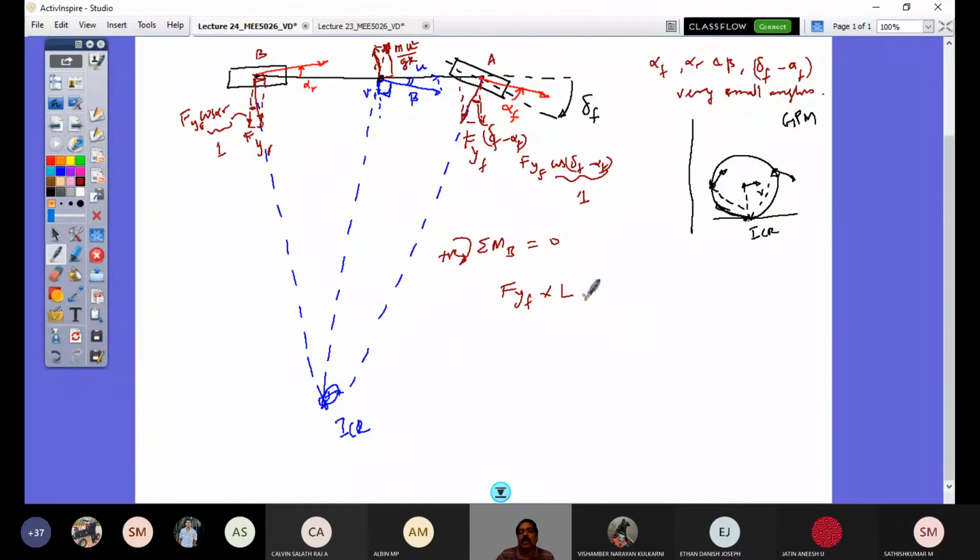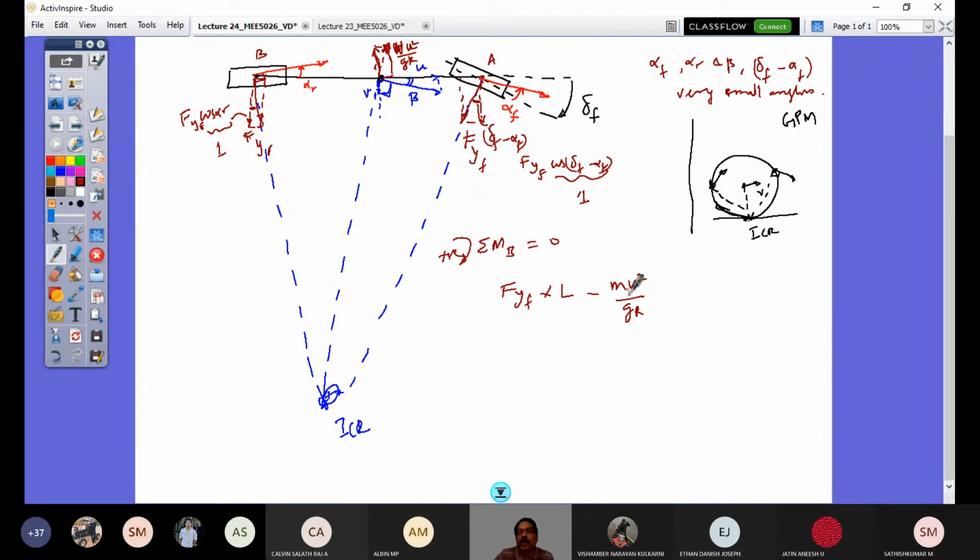It is counterclockwise, so minus W U squared by g R. Where m is W, it's not m, it's W. I'm sorry, you have to take this as W. I divide this by g so that it becomes mass.